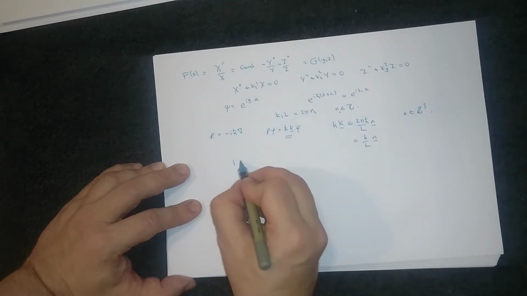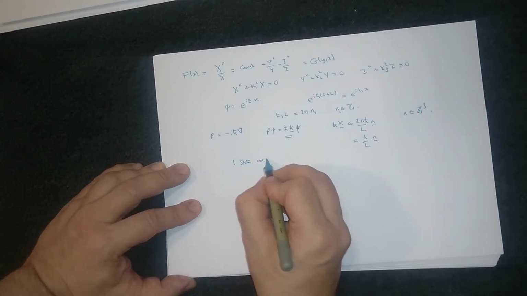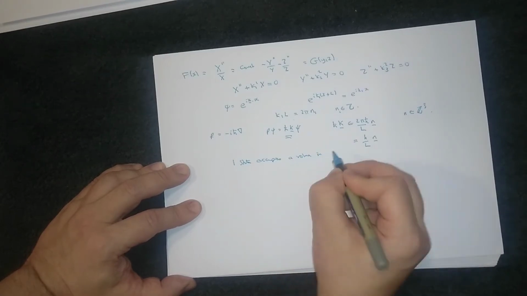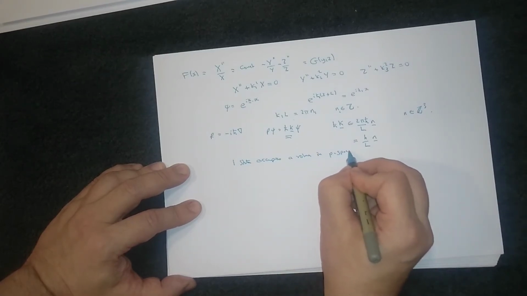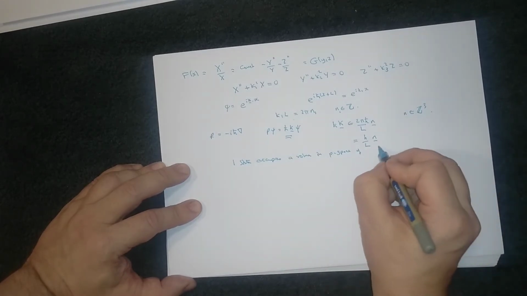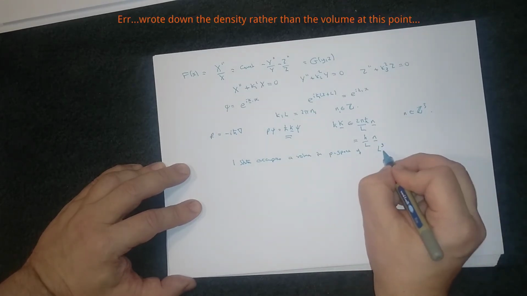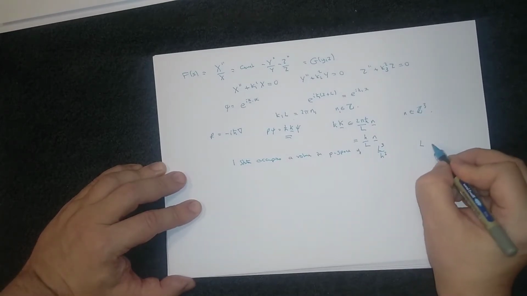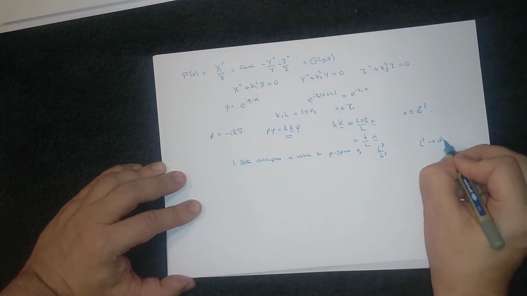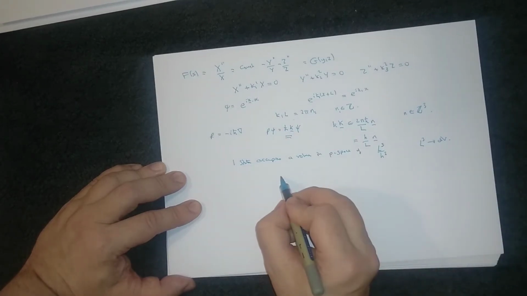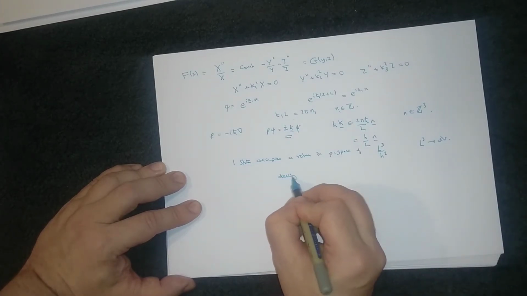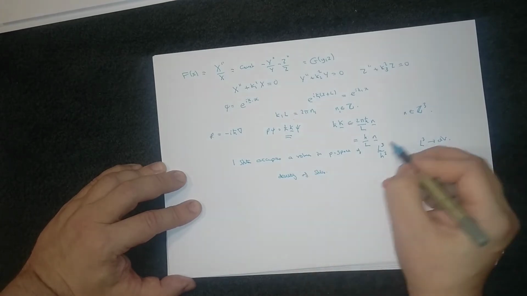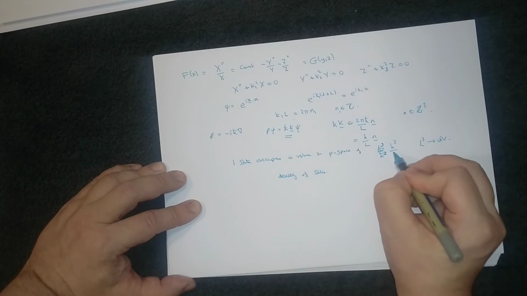This shows that one state occupies a volume in p space, momentum space, of h cubed over L cubed. Now taking L to be very small, so L cubed goes to dV, this shows that the density of states, sorry, that's the wrong way up, it's h cubed over L cubed.